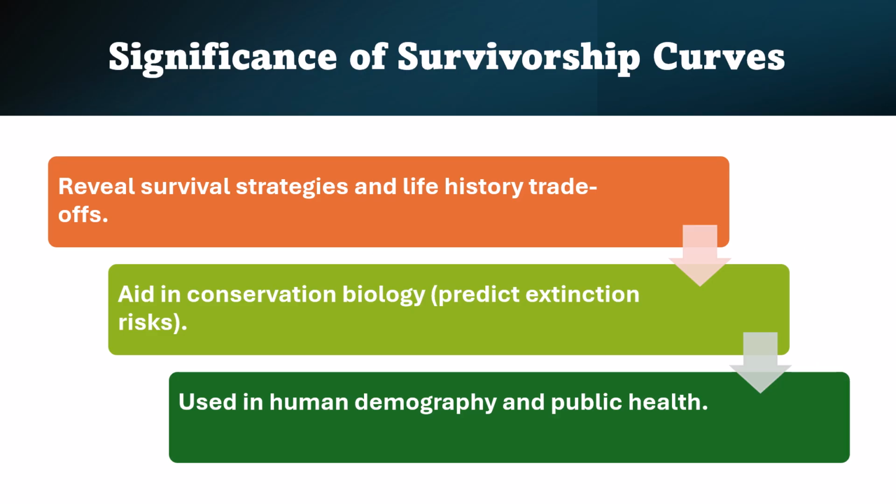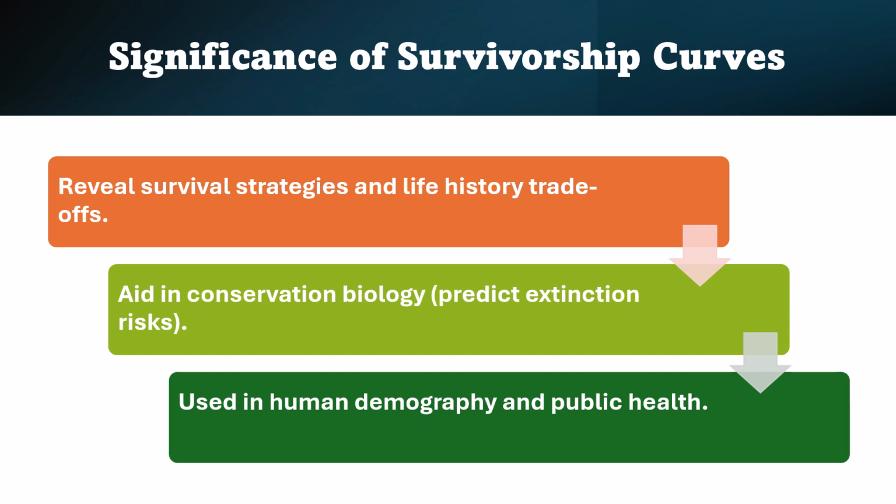Survivorship curves are more than just a graph in textbooks. They allow wildlife managers to identify endangered species at greatest risk. They help public health researchers understand where deaths are concentrated in human populations.